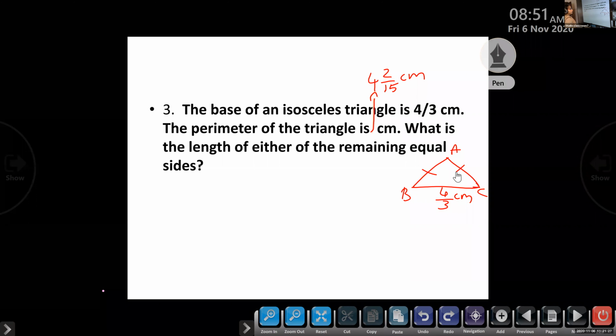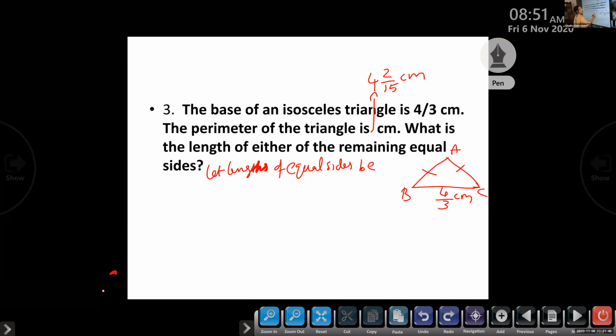So what we will take is x. Let length of equal sides be x centimeter.